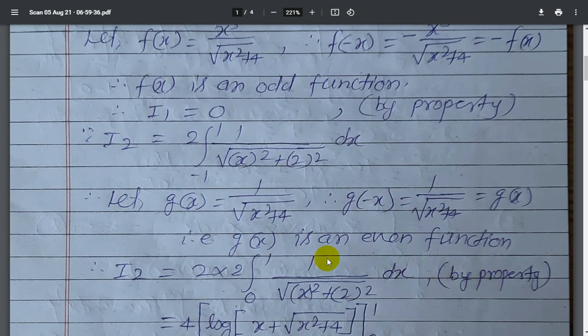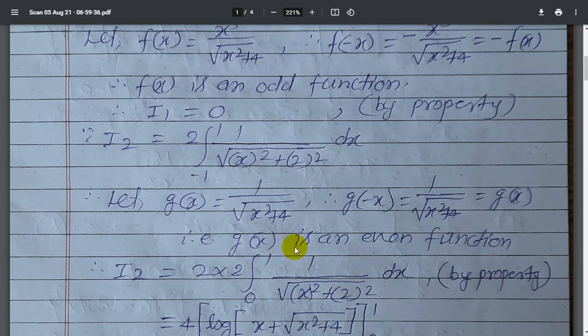Therefore, g x is an even function. You can take f x instead of g x also. So that is, g x is an even function. Therefore, I2 equal to 2 into 2 integral of 0 to 1 upon square root of x square plus 2 square into dx.